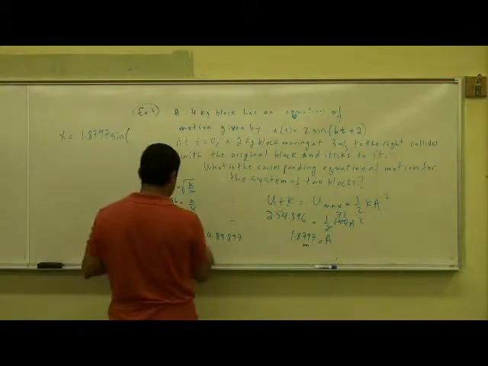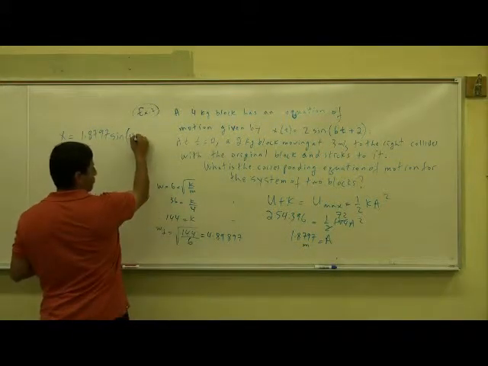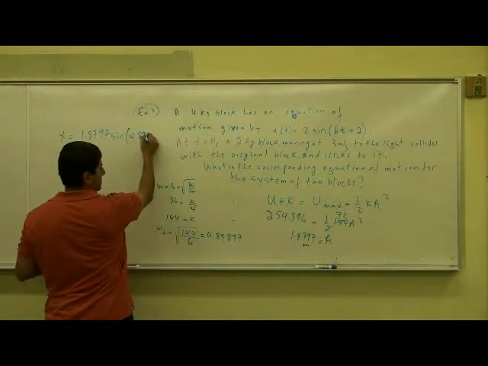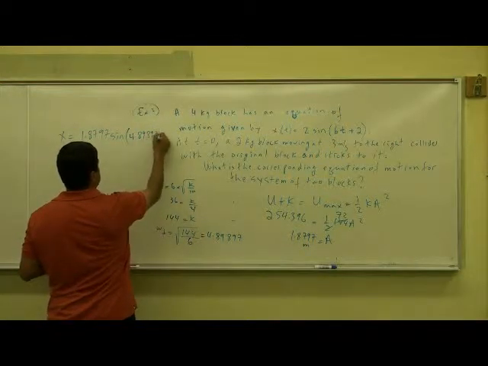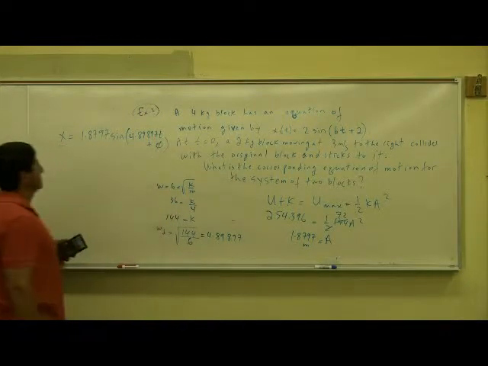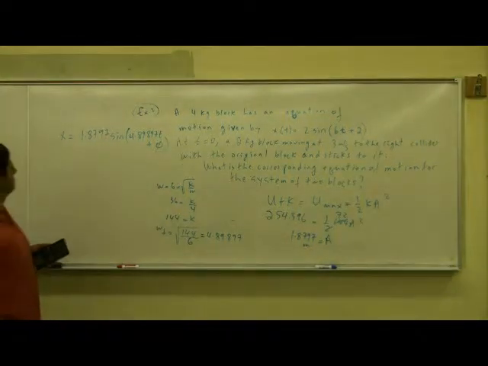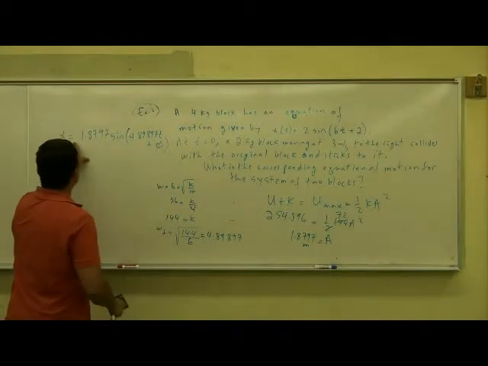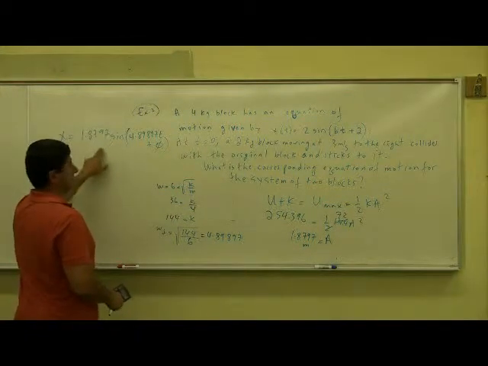My new omega, I have it here, 4.89897 t plus phi. Right? Now we have the x, this is the new amplitude.